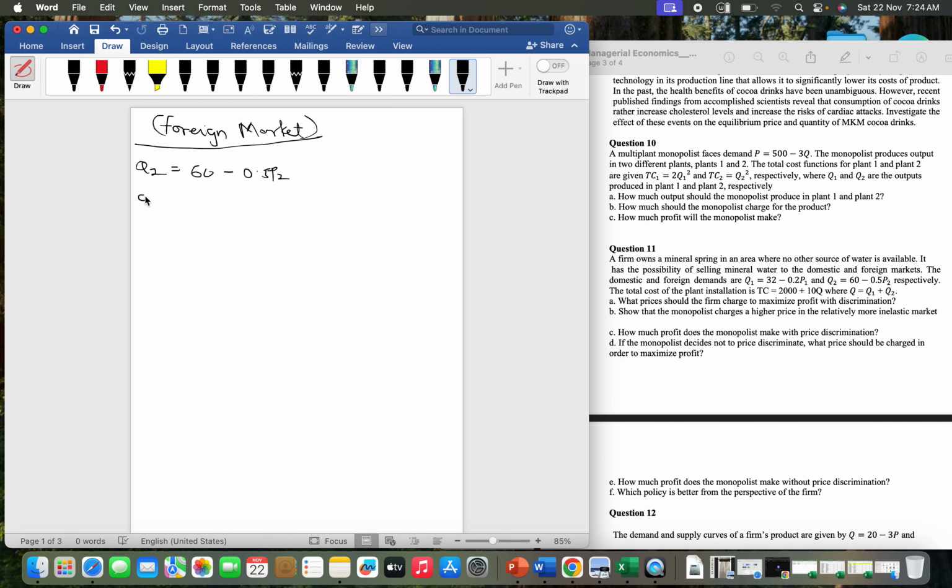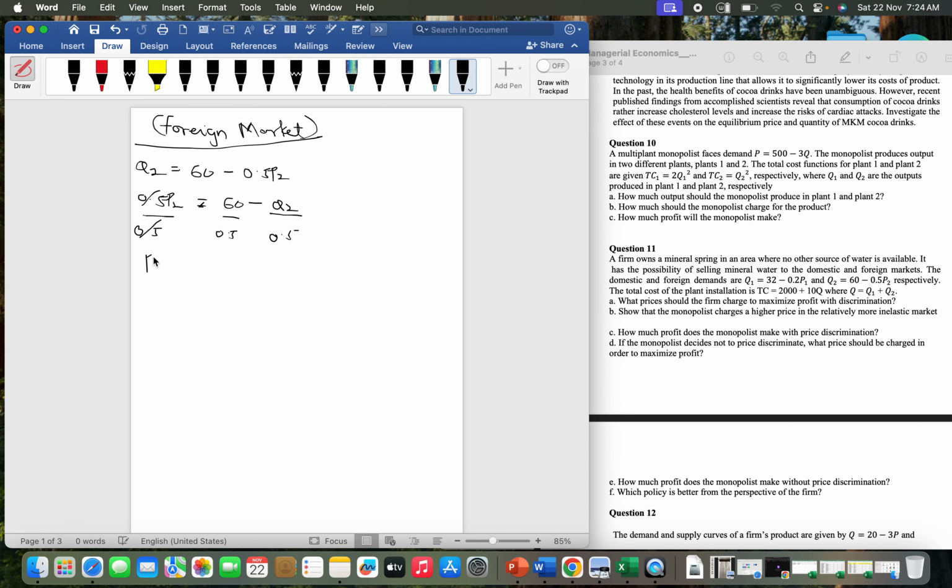So 0.5P2 is equal to, we have the 60 here, we move the Q2, minus Q2. We are making P2 the subject, so we divide both sides by 0.5.